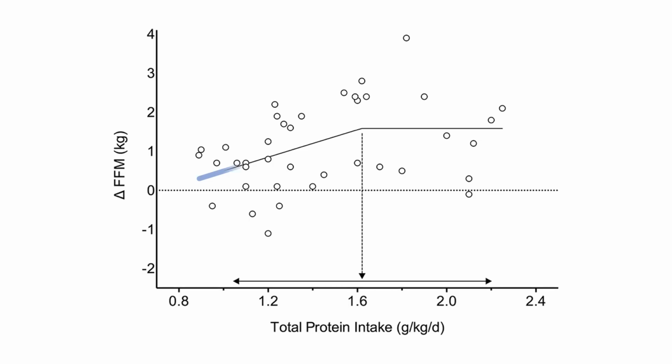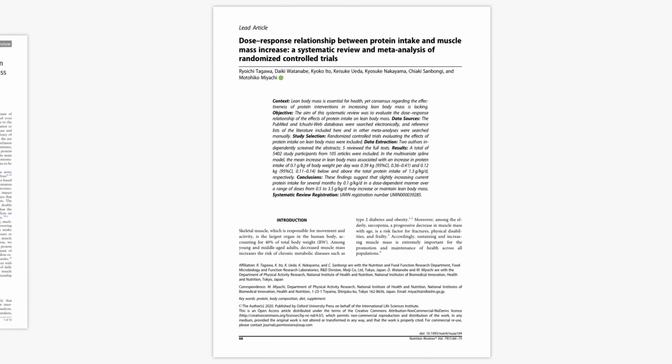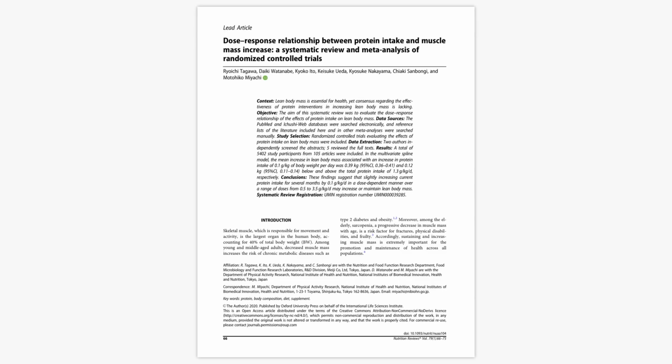It was found that protein supplementation had a positive effect on fat-free mass up to a point. However, once total daily protein intake exceeded around 1.6 grams per kilogram of body weight per day, there was no additional benefit.